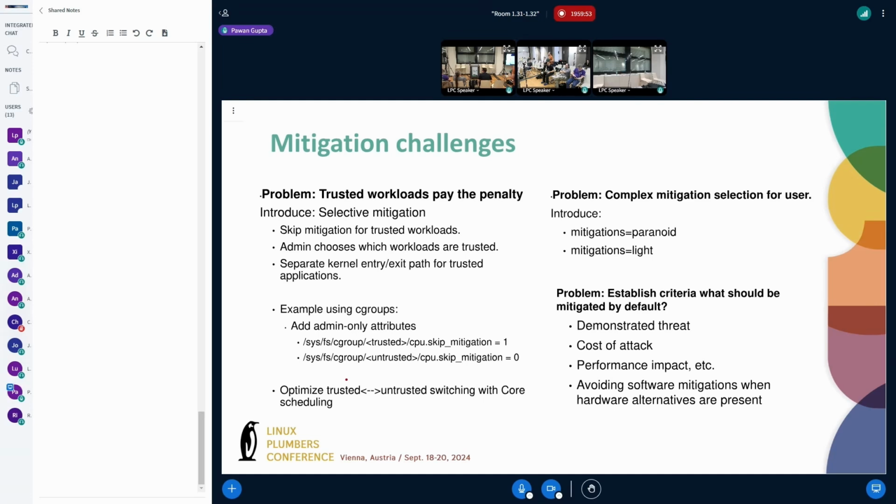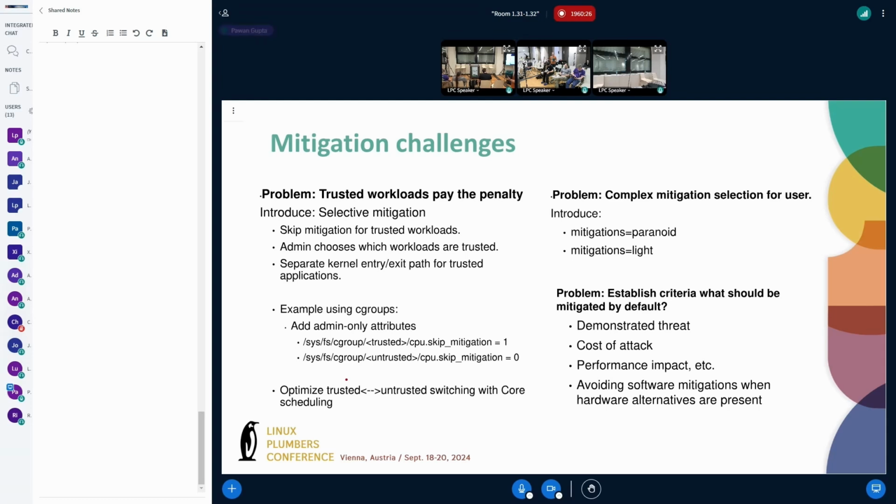This can be done using LSMs, xattrs, or any other way of communicating trust. I chose to do it with cgroups because it gives us the inherent benefit of using core scheduling. What that brings is that the trusted and untrusted processes can run on separate cores.